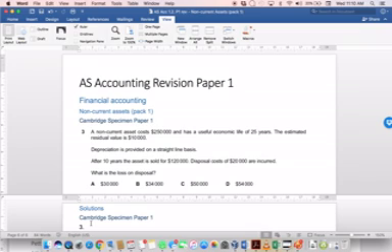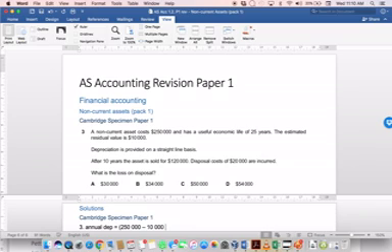In other words, what we can do now, before we go on, is quickly work out what the depreciation each year would be. So the annual depreciation is going to be the $250,000 cost minus the residual of $10,000 that we expect it to have at the end of its life.